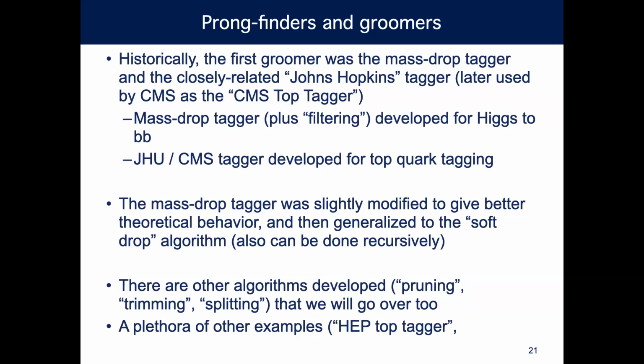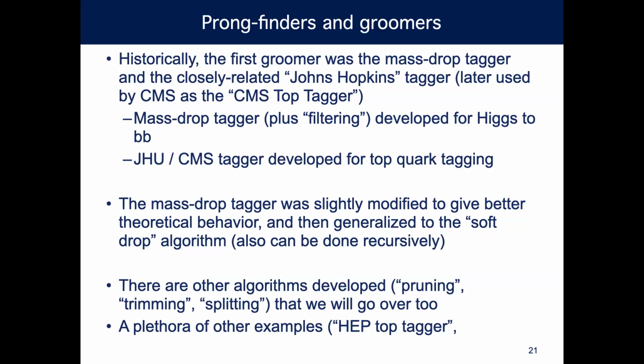All right, so let's go into the first tool that we're going to be taking a look at, which is groomers. Prong finding and groomers go hand in hand, so we're going to tackle them more or less simultaneously, going somewhat historically. The first groomer was the so-called mass drop tagger, followed almost immediately by the Johns Hopkins tagger, which was used by CMS as the CMS top tagger.